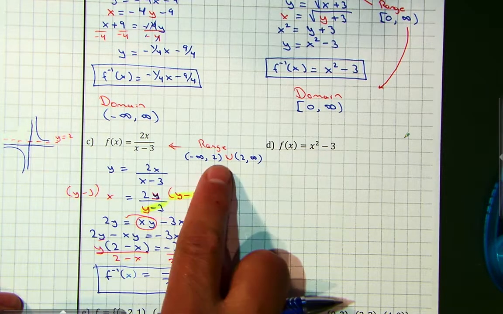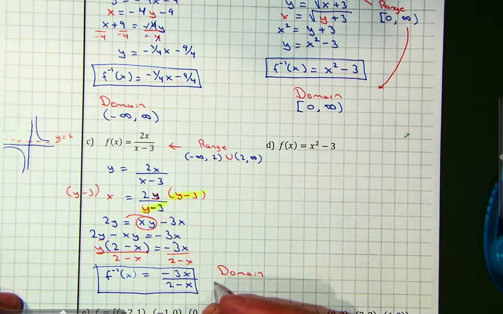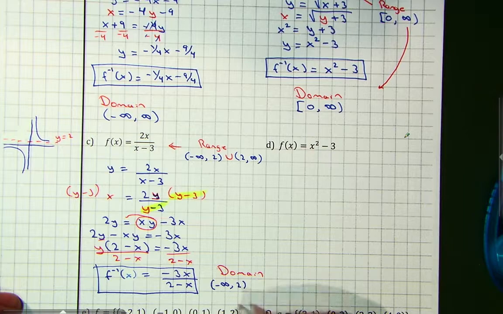So now that's going to become your domain. From negative infinity to 2, union from 2 to positive infinity. And notice that in this case, that 2 is what makes this undefined.